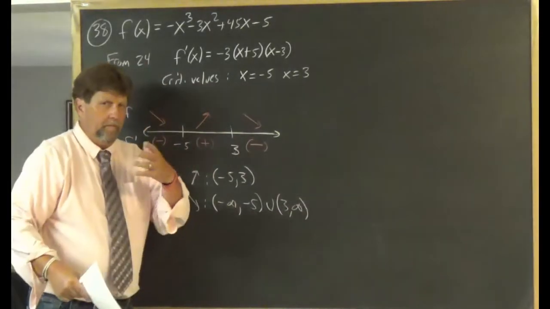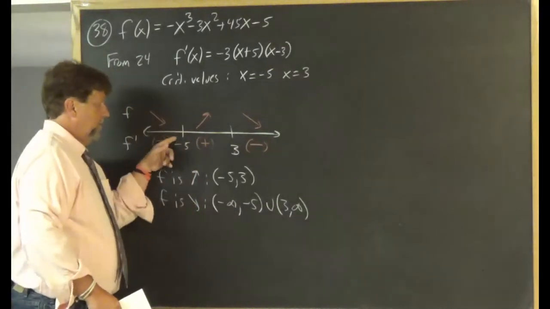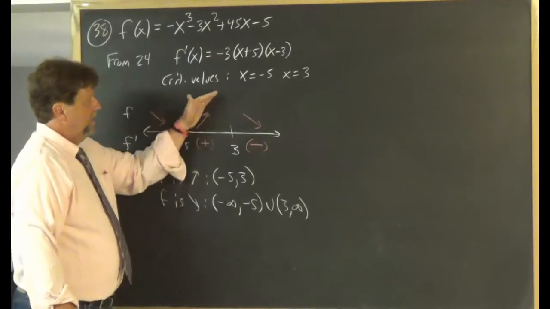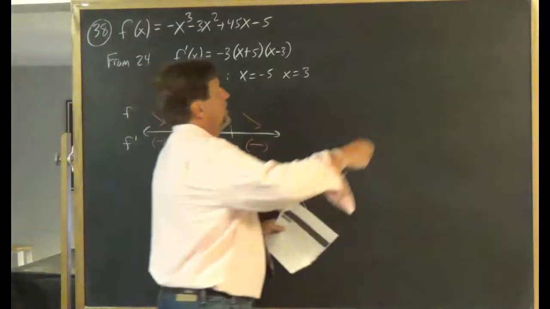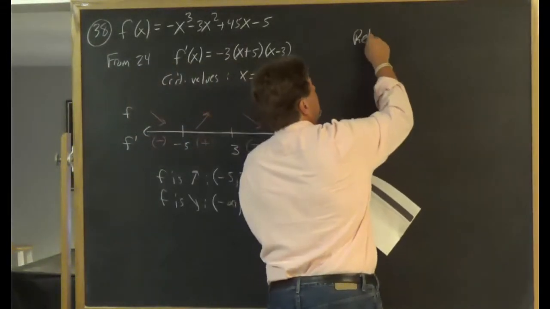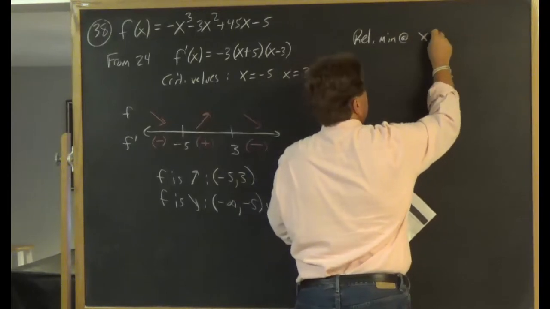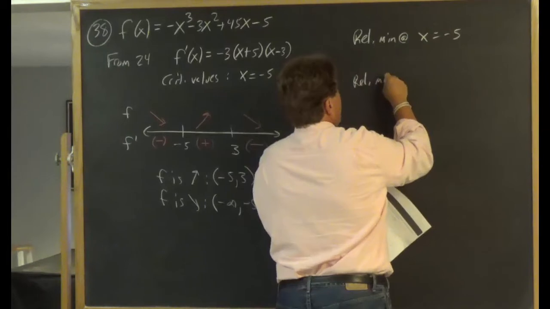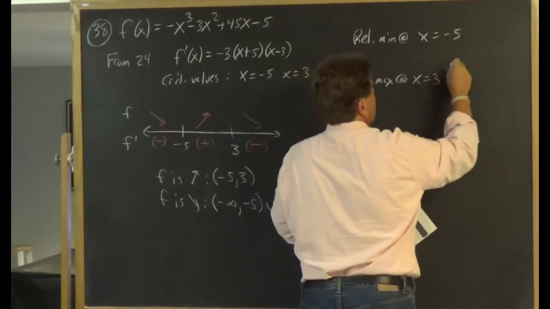And more to it, it tells us the relative extrema. Decrease, increase, that's a relative min. Increase, decrease, that's a relative max. So we have a relative min at x equals -5. We have a relative max at x equals 3.